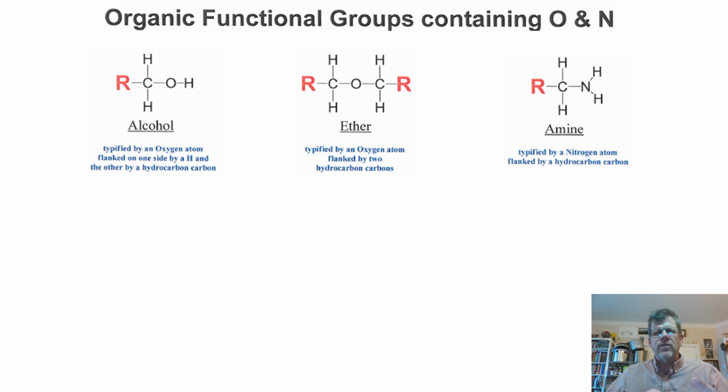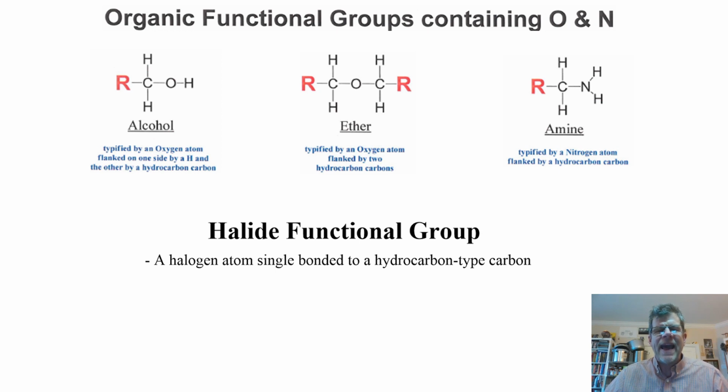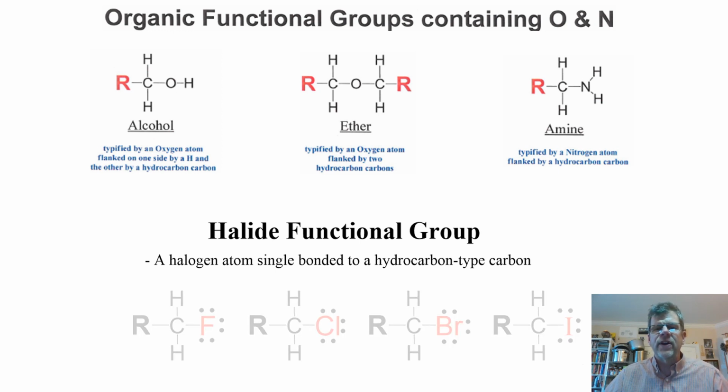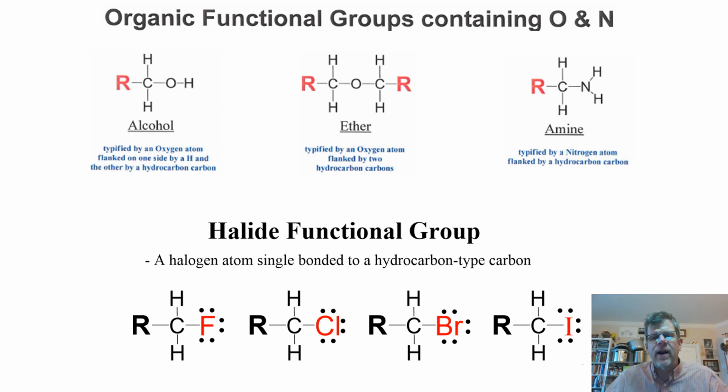Now, I'm going to back up and just bring into play a couple other types of elements other than carbon, hydrogen, nitrogen, and oxygen that can decorate a carbon framework. And these would be known as the halide functional group. It is a halogen atom, single bonded to a hydrocarbon type carbon.